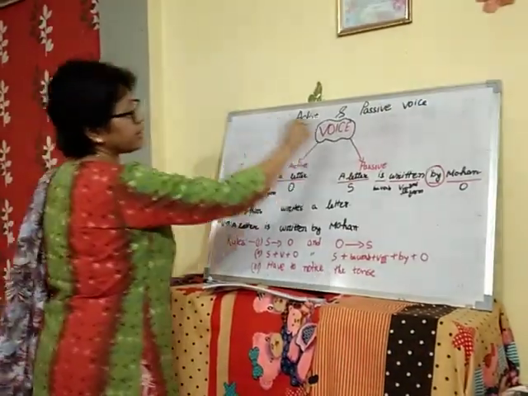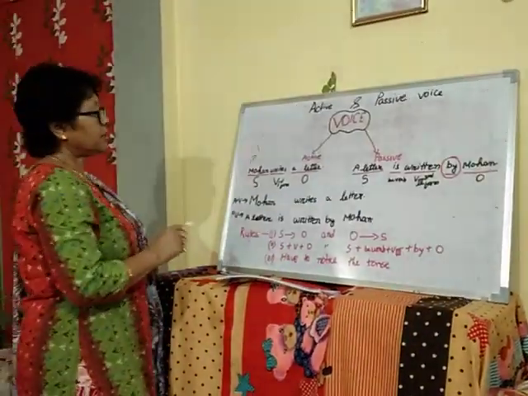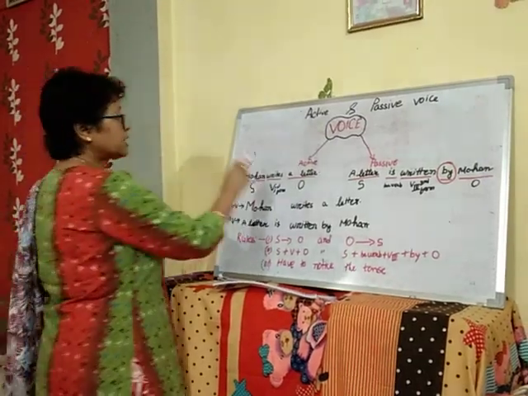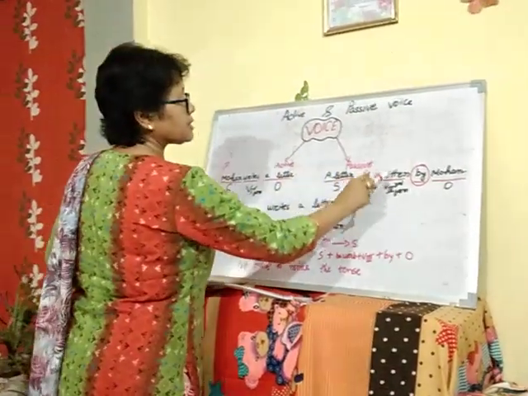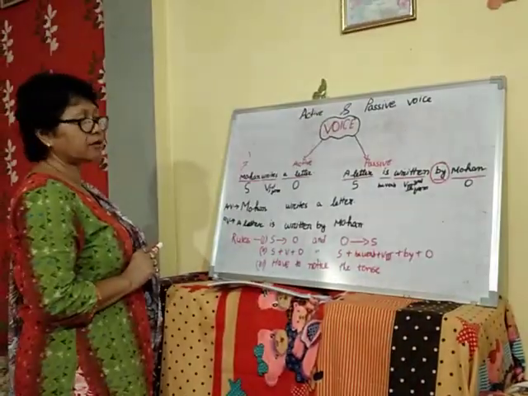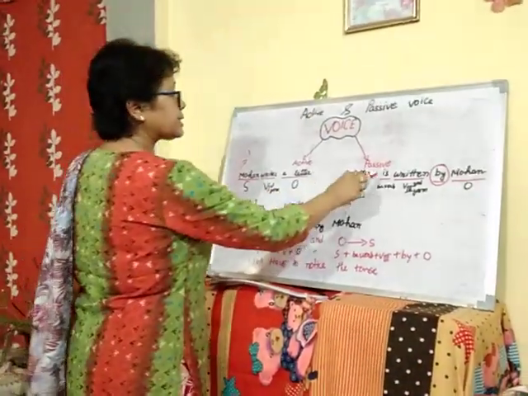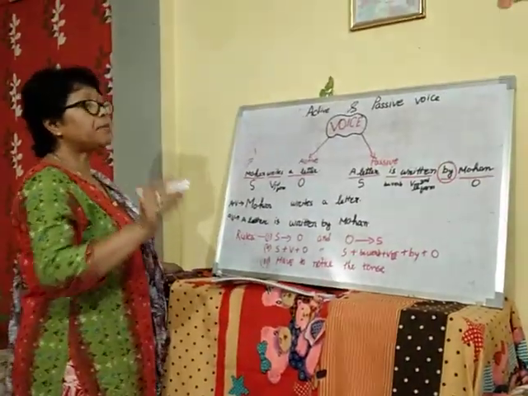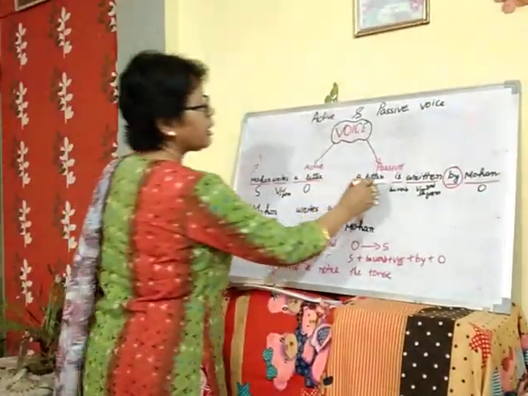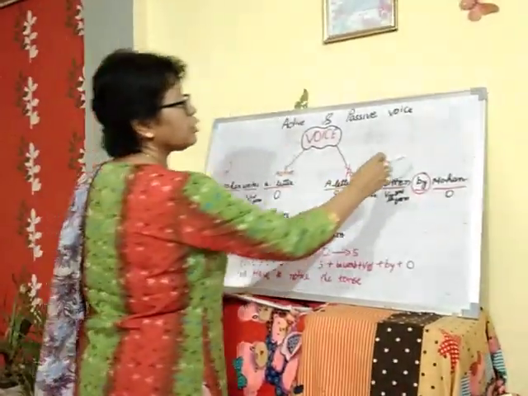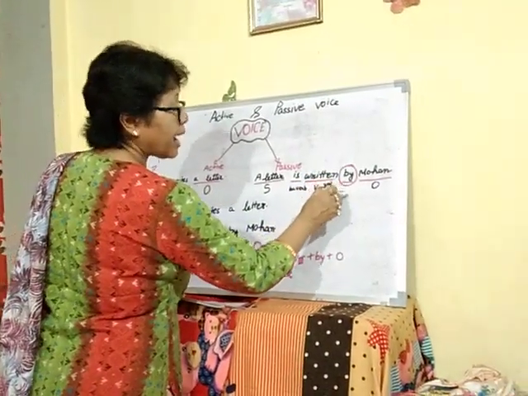But when we change to passive, what happens? This particular tense changes to the third form of the verb, and it is added with a be verb. Then we add a new word, that is by.